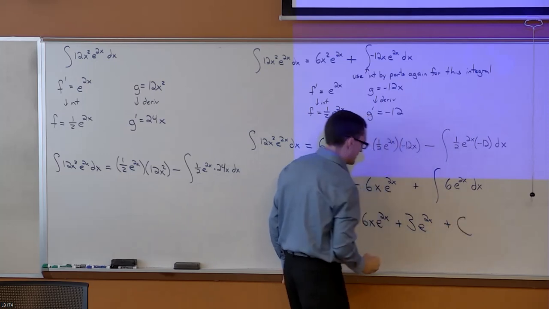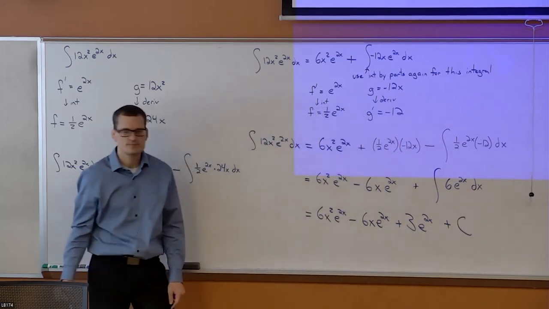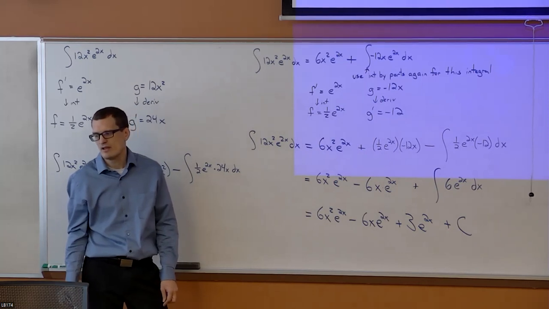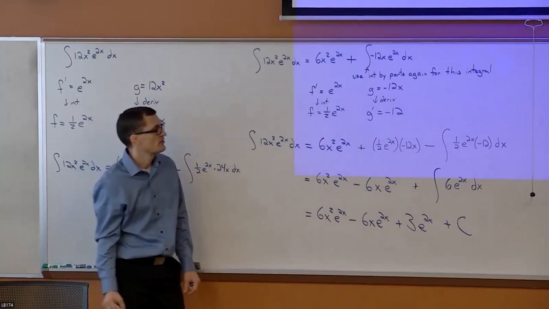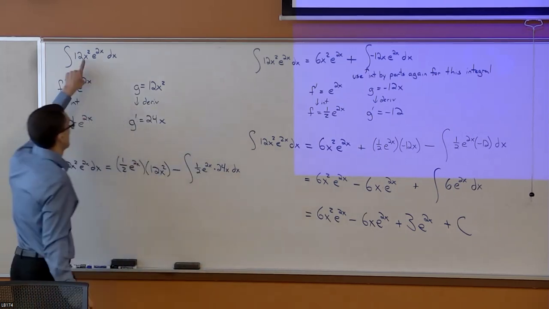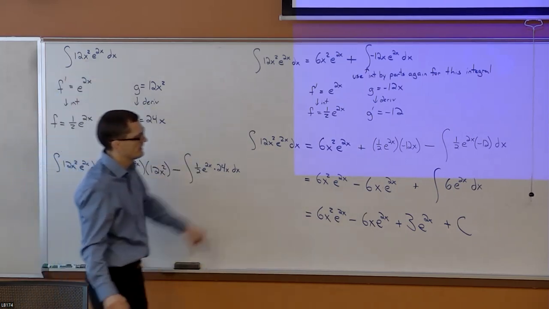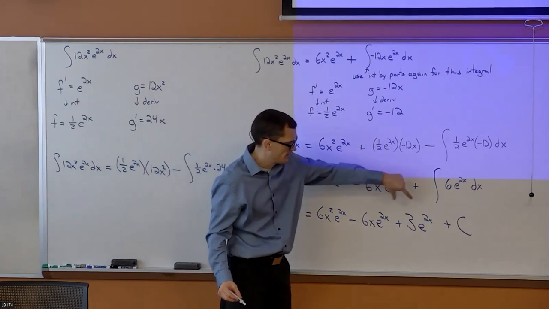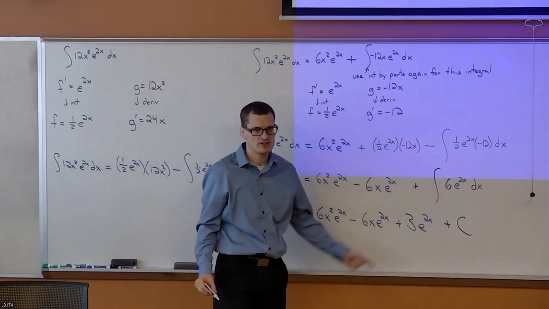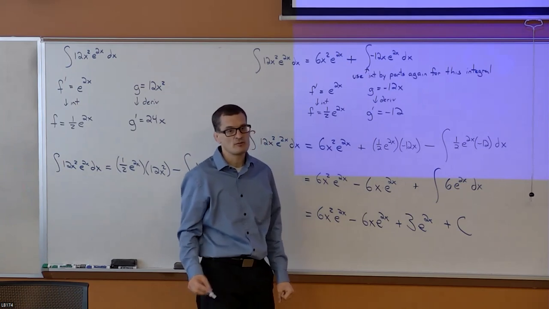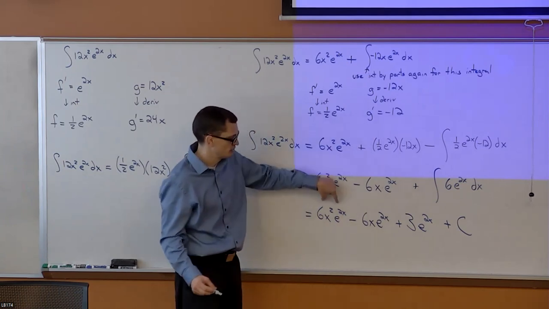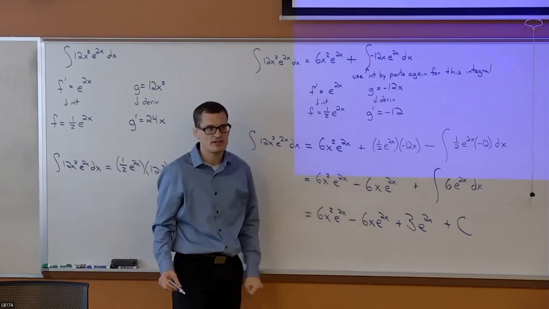And then we tack on a plus c at the very end. So that's my final answer on this one. So we started with a polynomial that was quadratic, and we ended up with 3 big pieces, other than my plus c. When I started with linear, I got two big pieces and then a plus c.